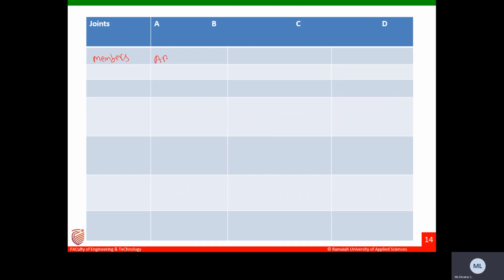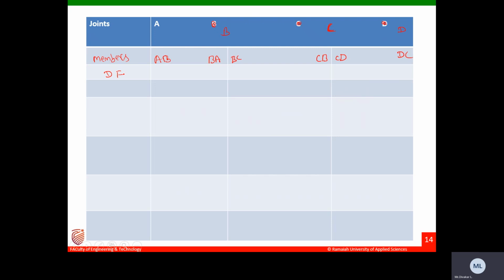For A this is AB. For B, this is BA and this is BC. For C, this is CB and this is CD. And for D, this is DC. These are the members.